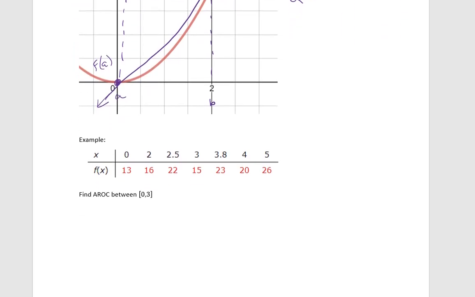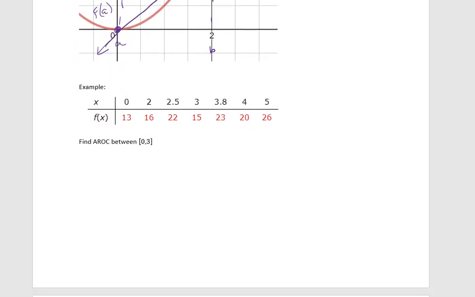All right, let's look at an example where instead of giving a function or graph, we're just given a table. So here, we want to find the average rate of change between 3 and 0. So that's going to be the x values. So what we need to do is find the change in the x values, and those are going to be underneath the change in our y values.